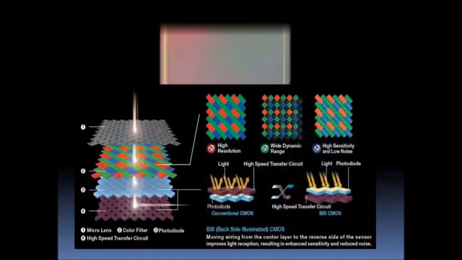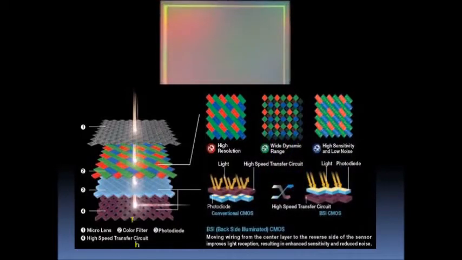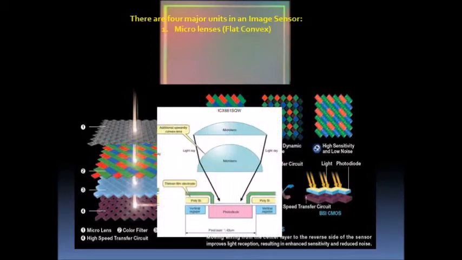So in this sensor, now we have four major units. The first one is the microlens. The microlens is actually plano-convex, so the top portion is convex and the lower portion is flat. And to have more efficient directivity from these microlenses, they are using two layers of microlenses.